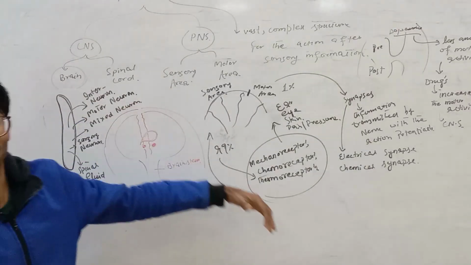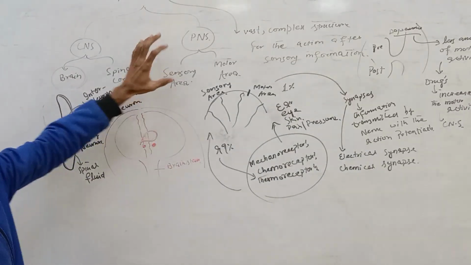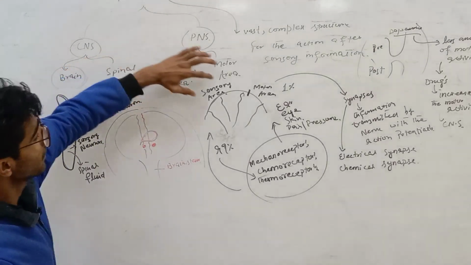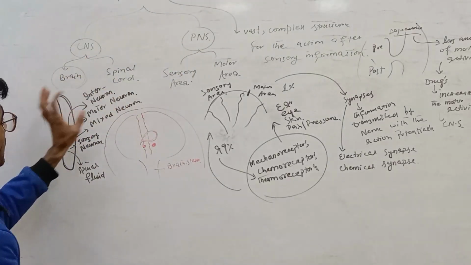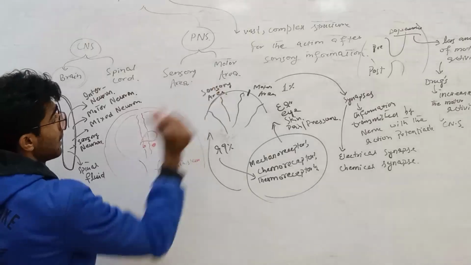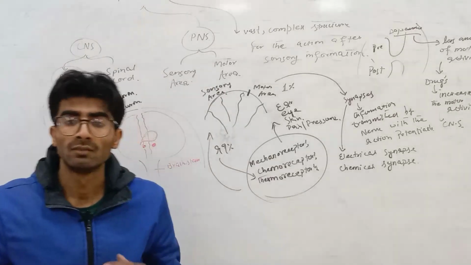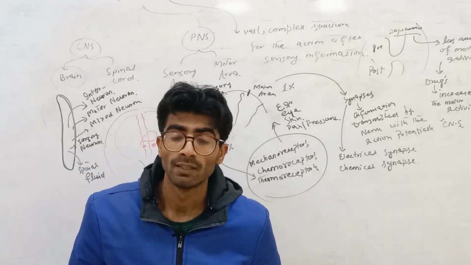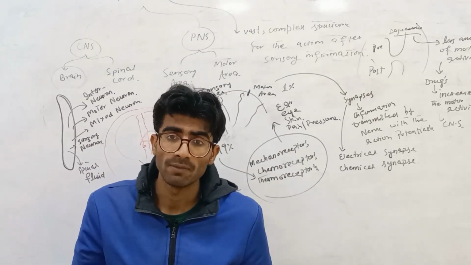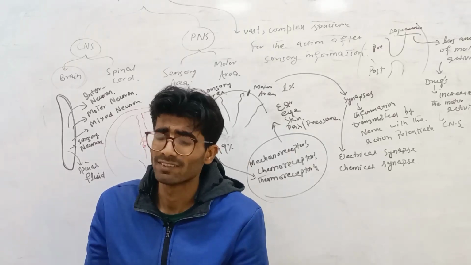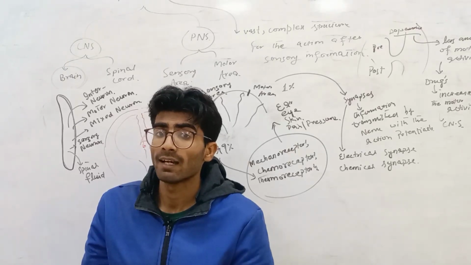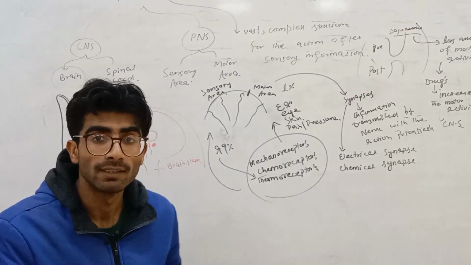I want to explain this information again. The nervous system is composed of the central nervous system and the peripheral nervous system. Central nervous system: brain and spinal cord. Peripheral nervous system: sensory area and motor area. The brain consists of the cerebrum, which has two hemispheres, sensory area and motor area.